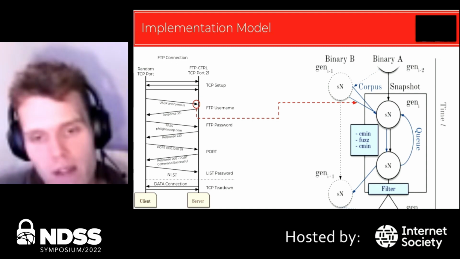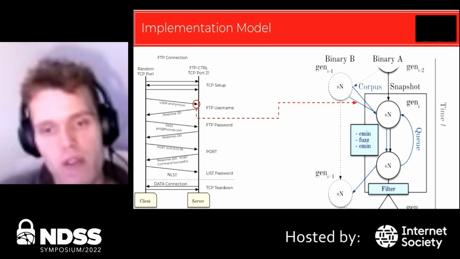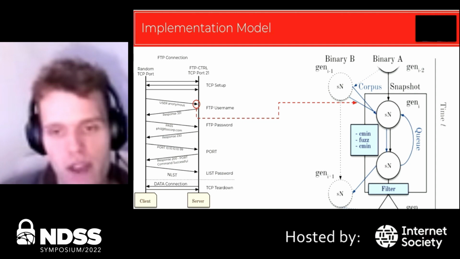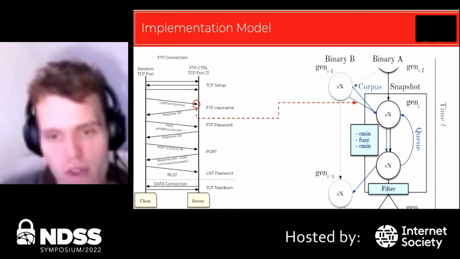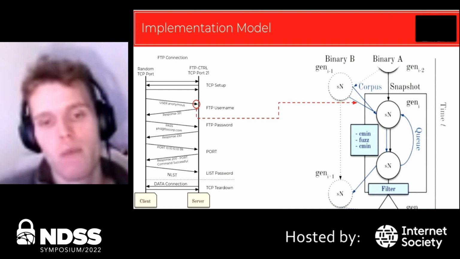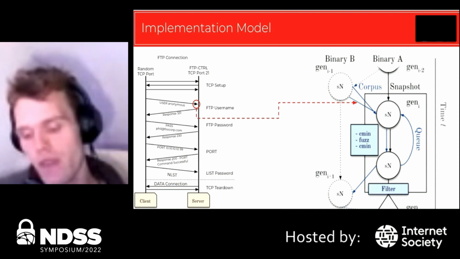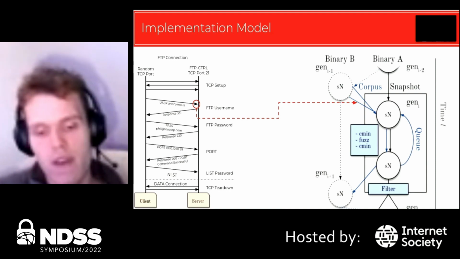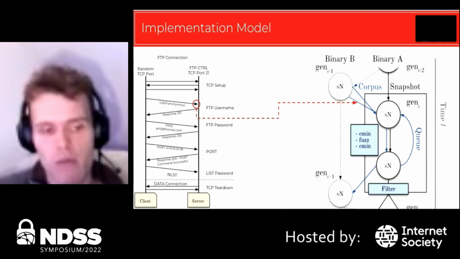And once that's done, we will replay the inputs in order to produce the outputs. So that's the responses that this state would produce for each of the inputs. And we filter those outputs by comparing their string distance and only keeping outputs that are sufficiently different.